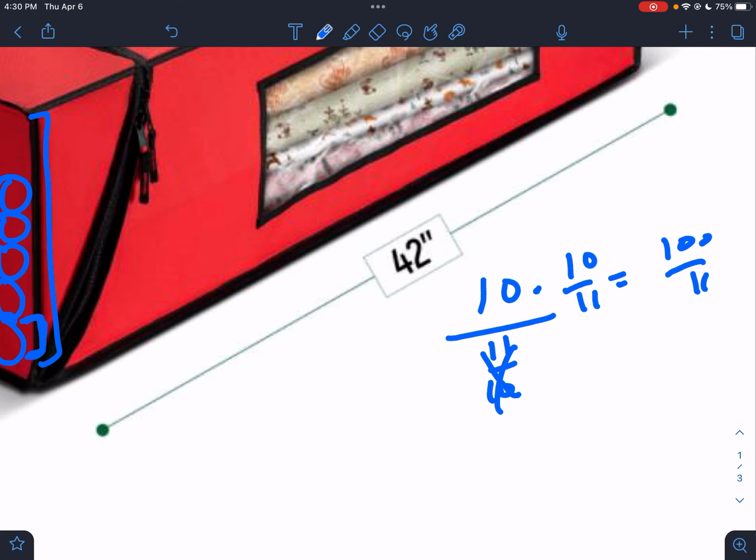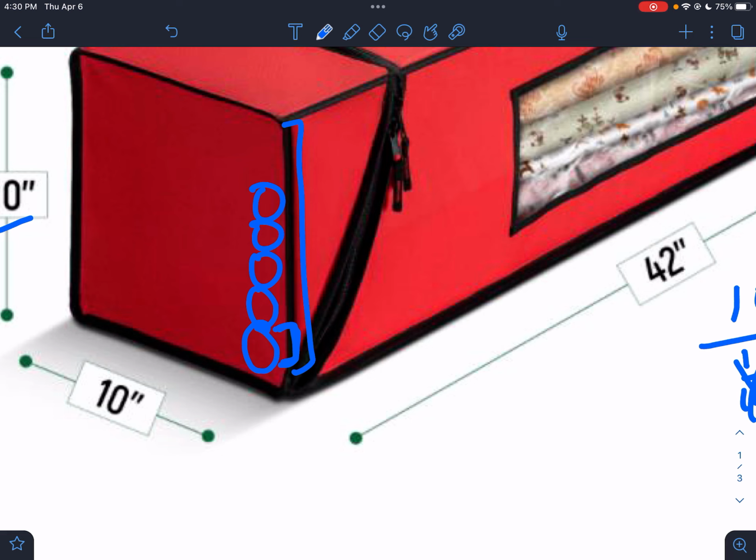When you divide, you multiply by the reciprocal. So this is going to be a little bit more than 9 point something, just barely more than 9. So how many could I physically fit? I could fit 9, and it's the same thing lengthwise. I could fit 9, so there's 81 of them in there.